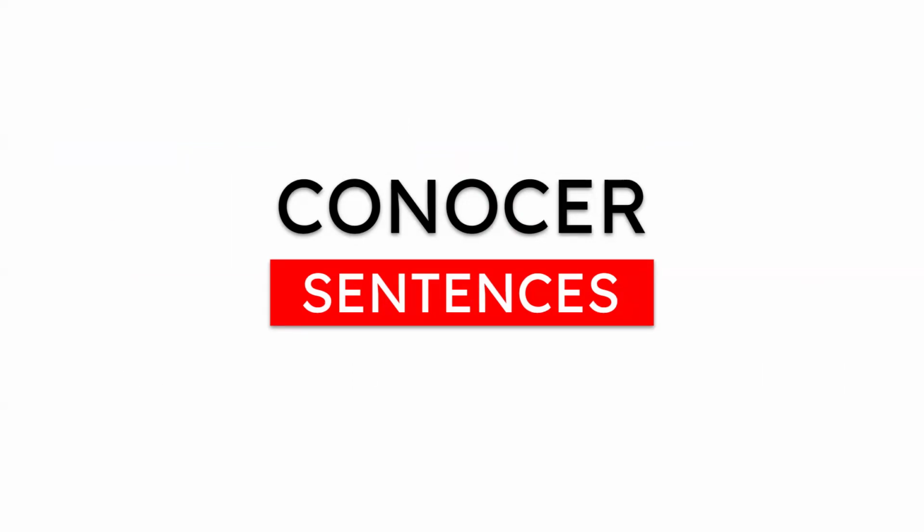Now, when do we use conocer then? In the first part of the video, we said that we use conocer when we are familiar or acquainted with things, okay? Things, not information, not pieces of information.